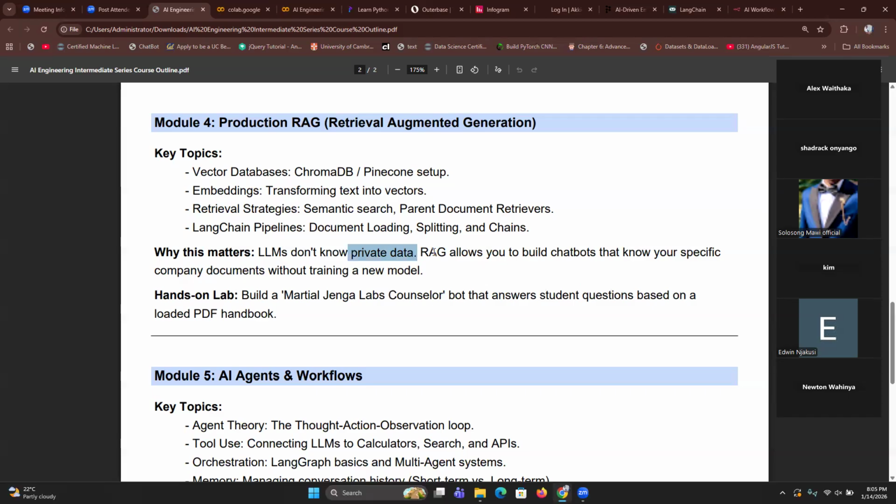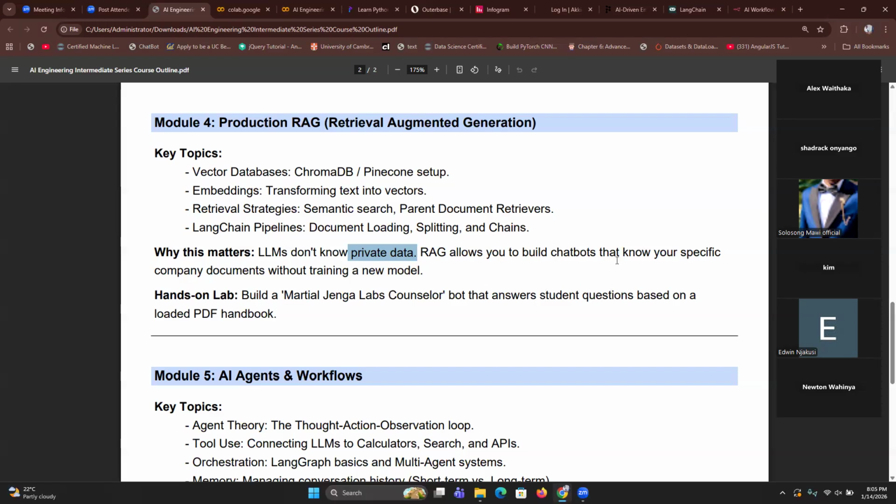And now with RAG, it will allow you to build a chatbot that knows your specific company documents without training a new model. So inside your company, you can build an AI that understands your policies, your mission, your objective, the number of employees you have. So now people can start using those kinds of products in their day-to-day operation.